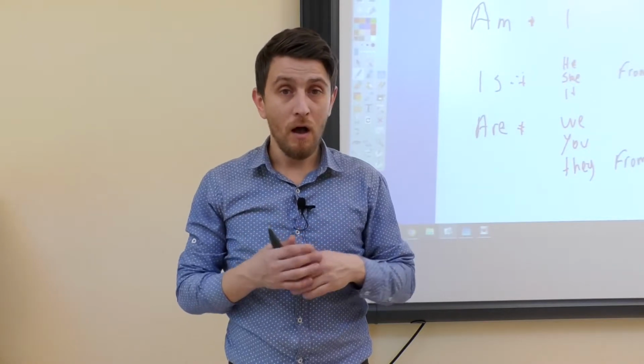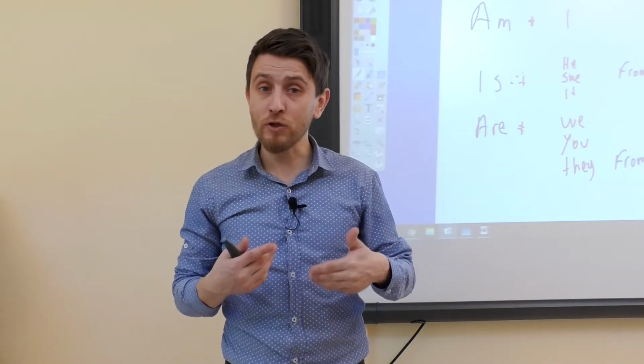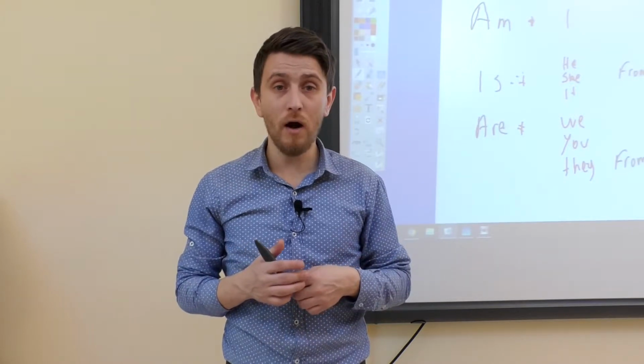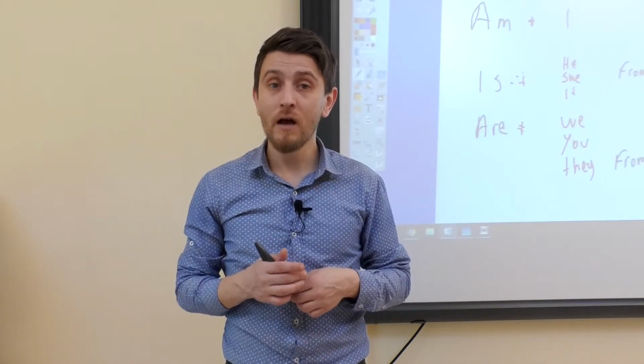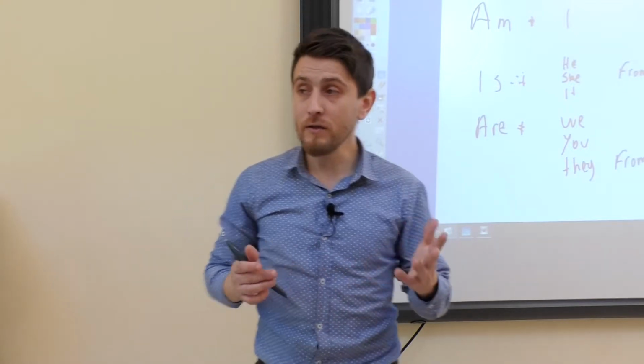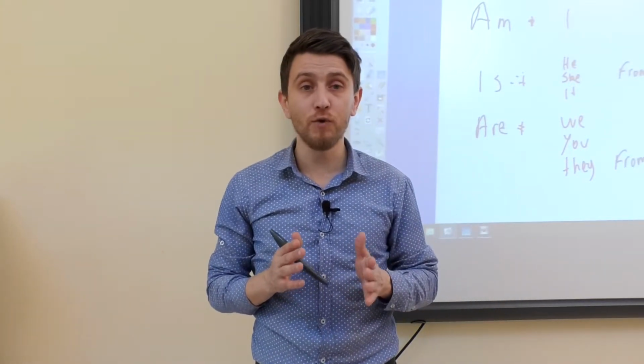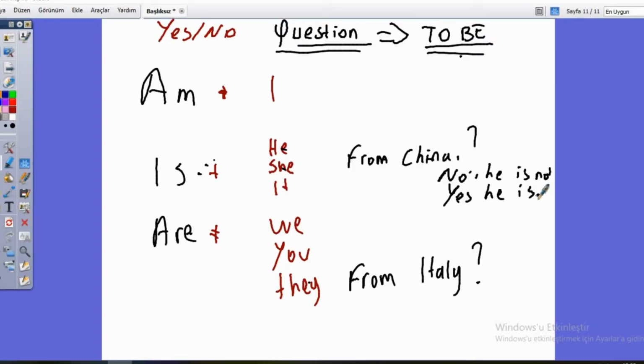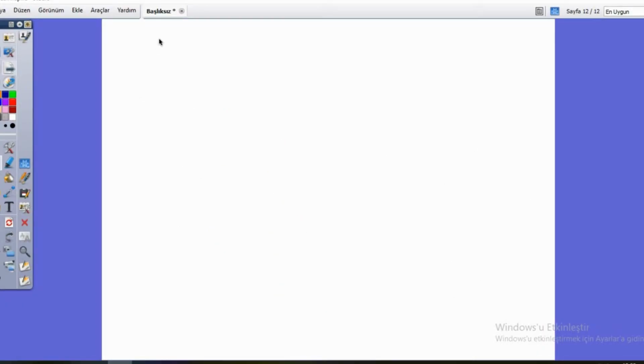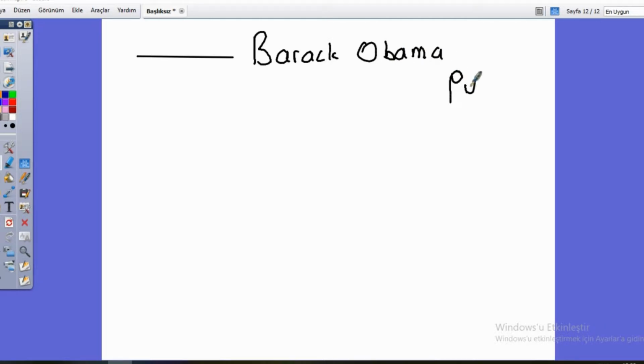So we give short answers with to be forms. The last one, are we at home? No, we aren't. Are we in the class? Yes, we are. So this is how we give short answers with to be forms. Here we go. So here we have the subject.